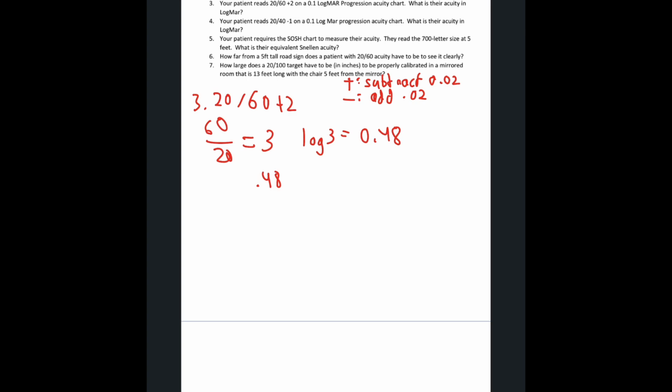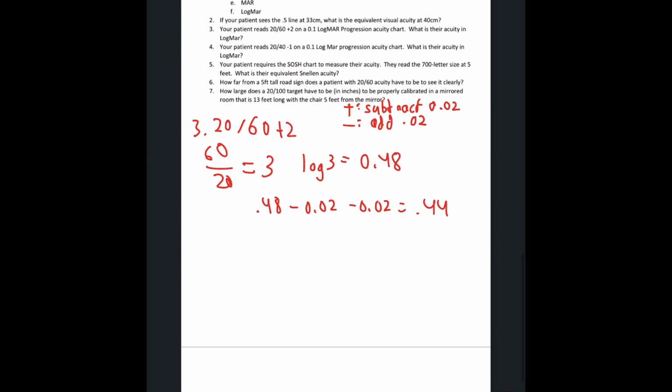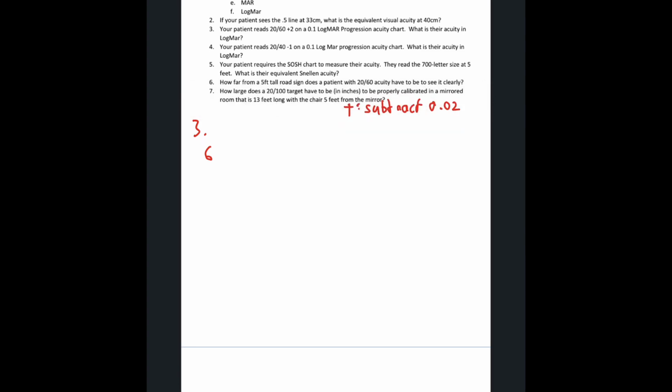So we're going to subtract 0.02 twice because it's plus 2. If it was plus 1, we'd just subtract 0.02 once. But since it's plus 2, we're going to subtract it twice. So 0.48 minus 0.02 minus 0.02 equals 0.44. Then I'm going to check my answer. Yeah, that's correct.